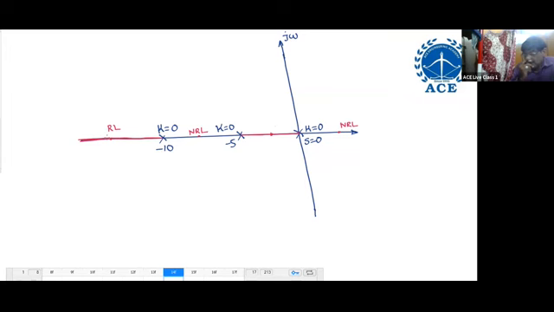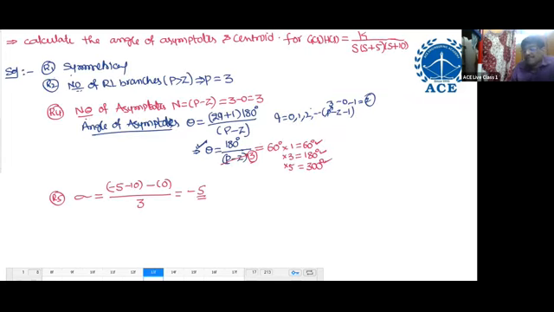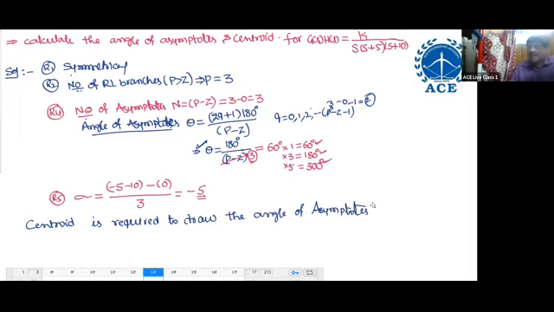Now represent the centroid. What is the purpose of the centroid? The centroid is required to draw the angle of asymptotes.